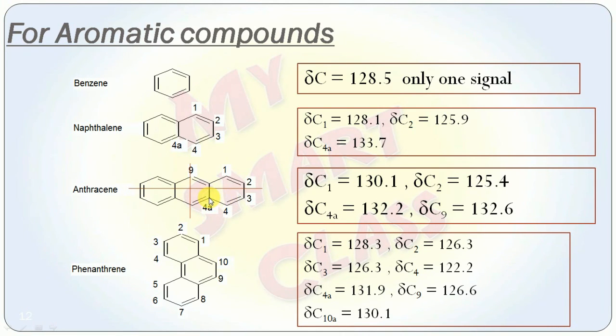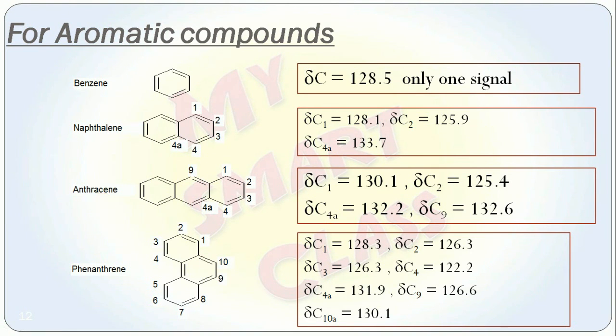For this 4A it is 132.2, and this is also 132.2 for all the equivalent carbons. This C9 has the value of 132.6, and this is also 132.6. So that is the case of anthracene.